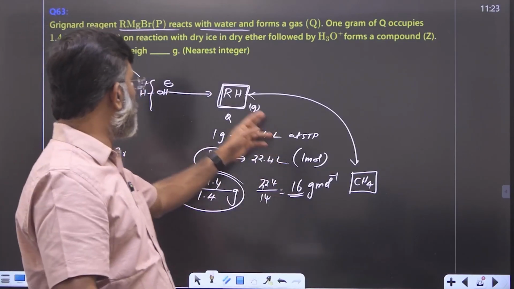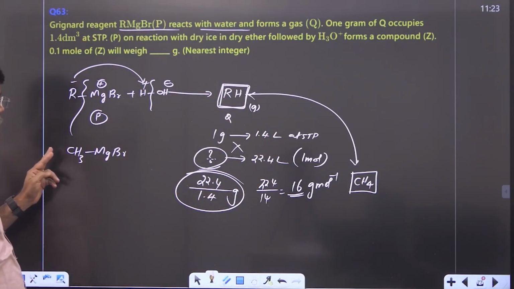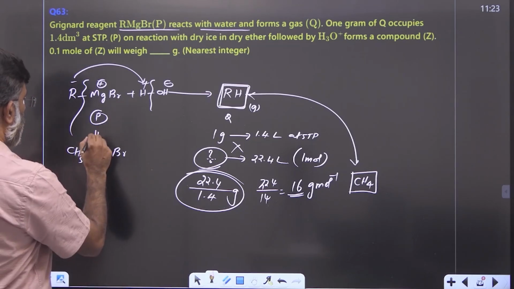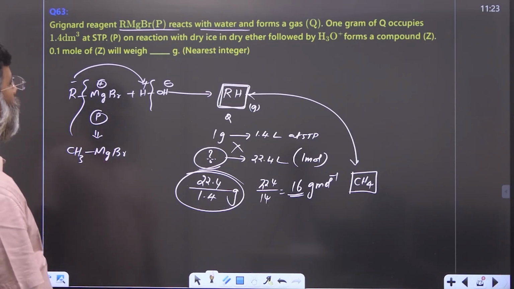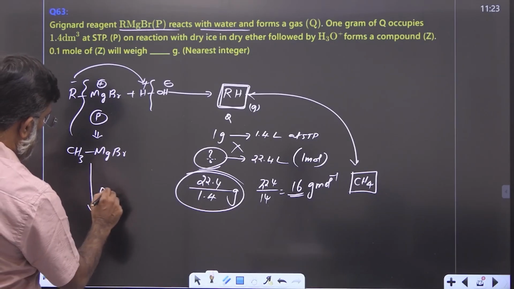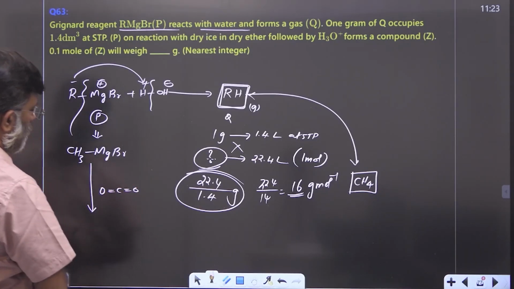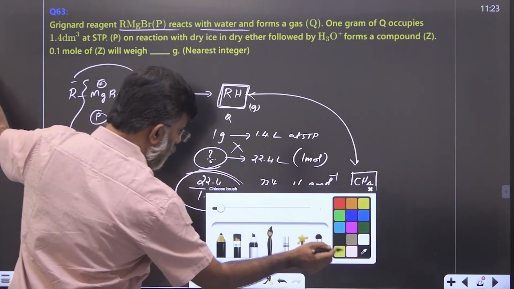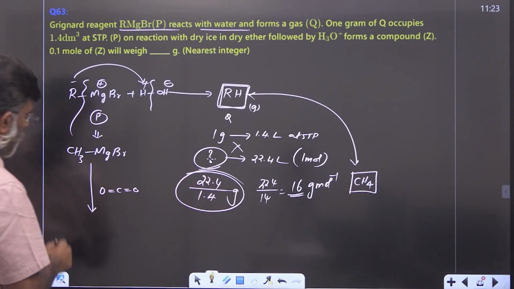From that, we can understand the Grignard reagent is CH3MgBr. This is P. Now that P on reaction with the dry ice. Dry ice means solid carbon dioxide. Hope you remember the very popular reaction, preparation of carboxylic acid.